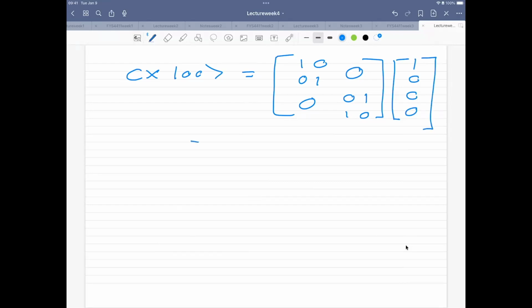So if you look at this one, what would you expect that this gives you? Anyone sees the mathematics immediately? Yeah, that gives us 0, 0. Now what you see here is that we have singled out one piece.